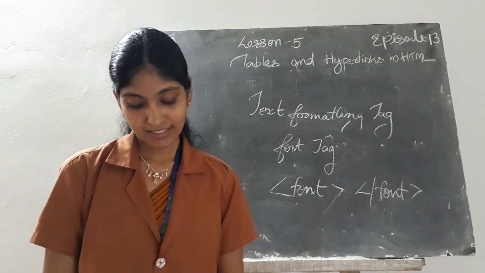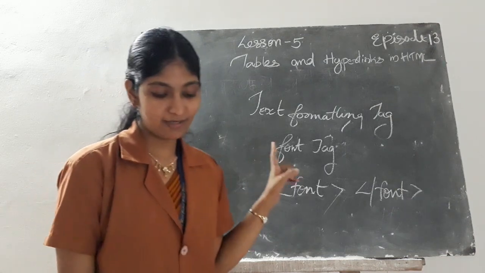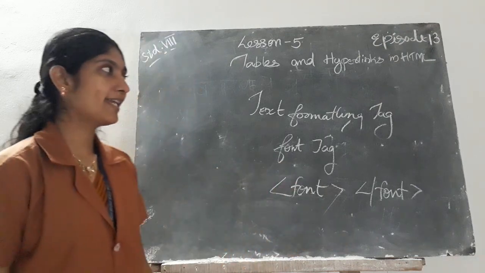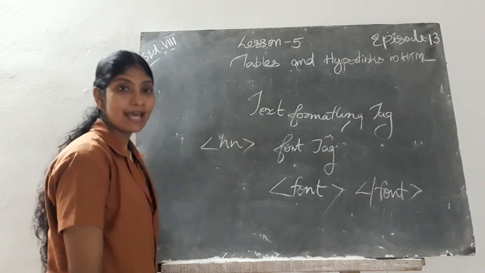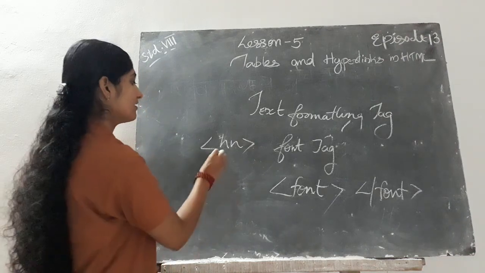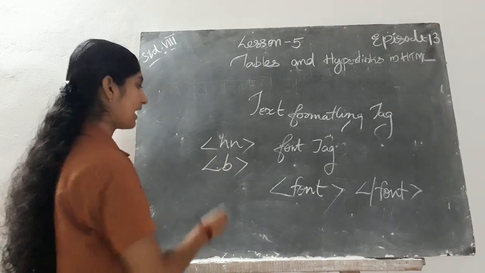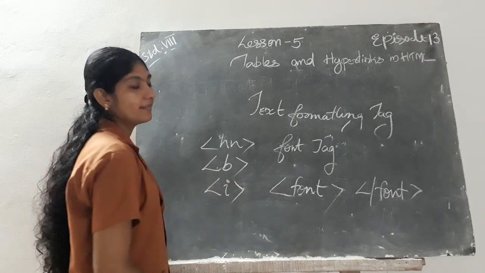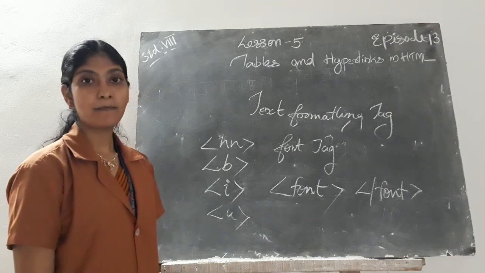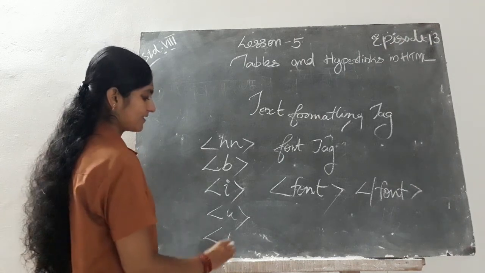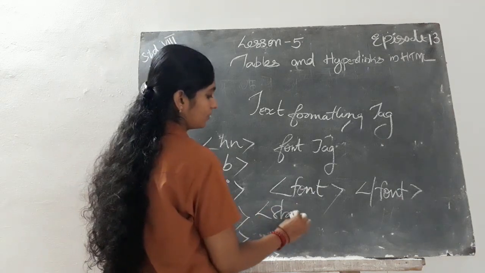And then another one is break tag. But before that, once again, first one heading tag. Heading tag syntax is HN. Then next is bold tag. Bold tag syntax is letter B. Then italic tag, letter I. Then underline tag, letter U. Then next paragraph tag, letter P. Then strikeout tag.